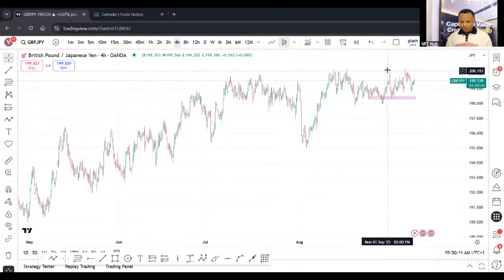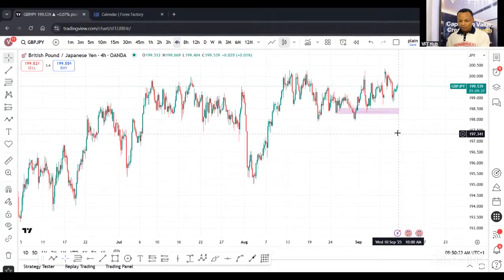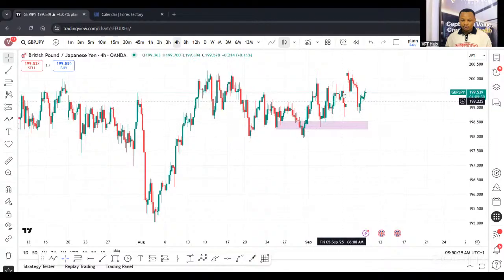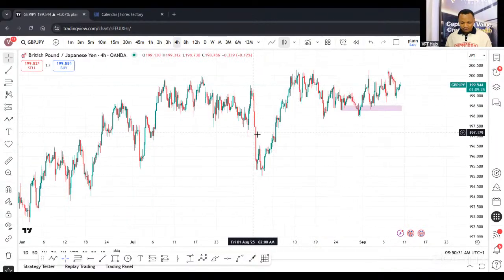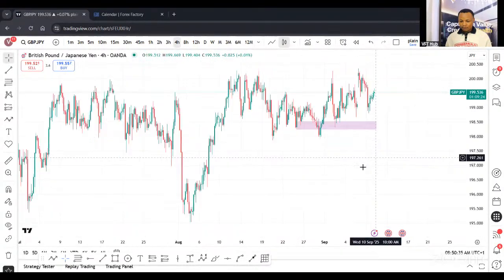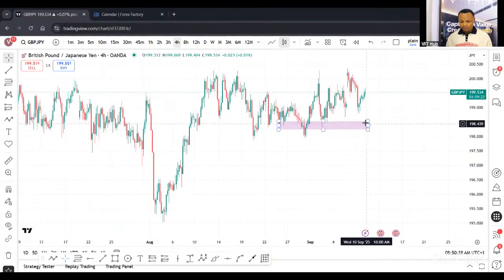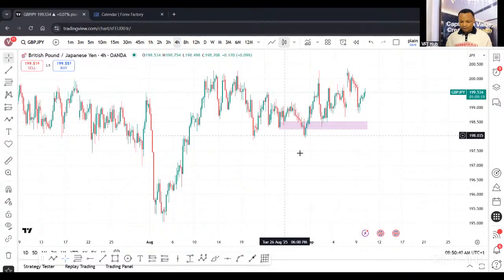So because of this struggle at this resistance point, we expect a sell to play out eventually, okay? Seeing that it has been stuck within this level, we're expecting a sell to play out eventually. So for that sell to play out, we need to see a strong move, just like something like this. We need to see a strong move that is going to break it and then start giving us those sell moves. But for now, you can see how it has been stuck within this range.